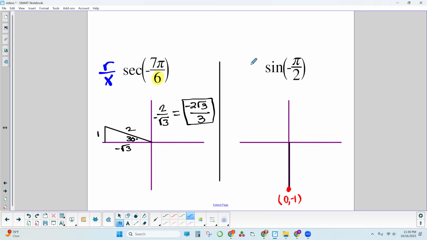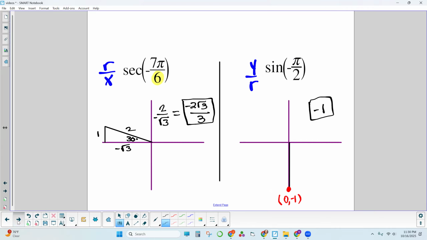Sine's ratio is y over r. Here y is negative 1 and the radius is 1. Negative 1 over 1 is simply negative 1. So sine at negative pi over 2 is negative 1.